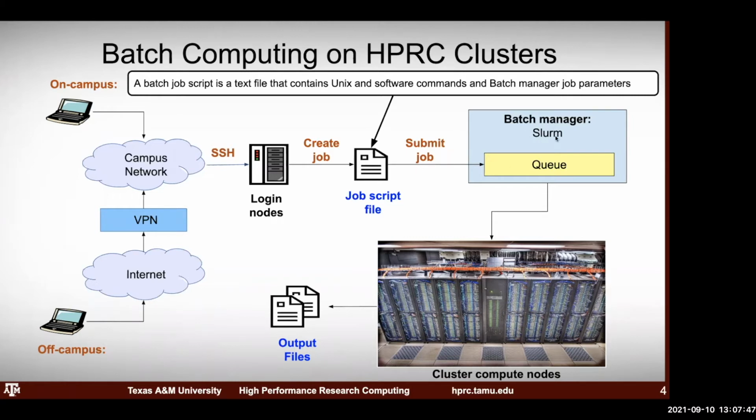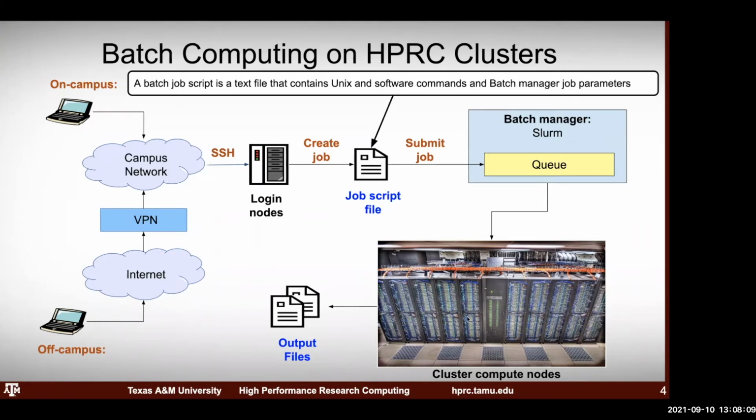And then the batch manager, SLURM in our case, takes your job script file, reads its parameters and the resources that you requested, and places that job into a queue. And then that queue waits for the resources that you requested to become available, and then they end up running on one of the compute nodes over here. So all these little lights that you see right here, these are all individual nodes, and they run there.